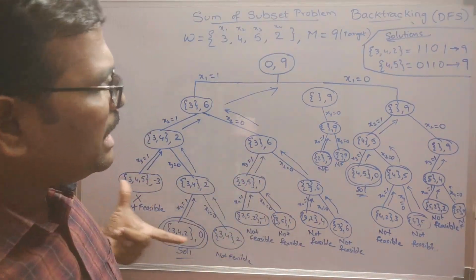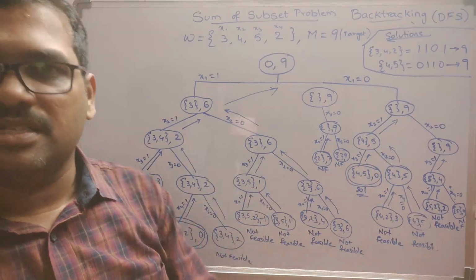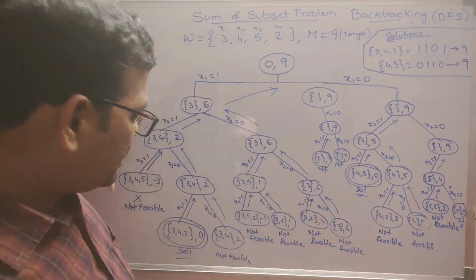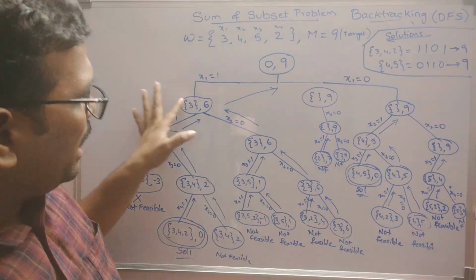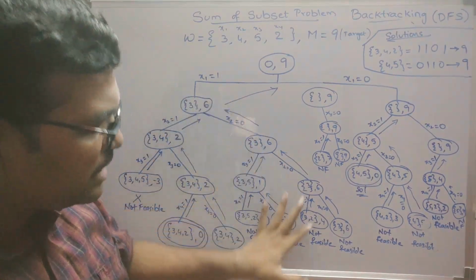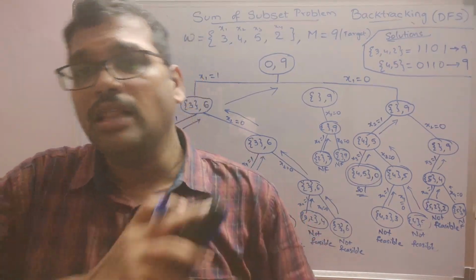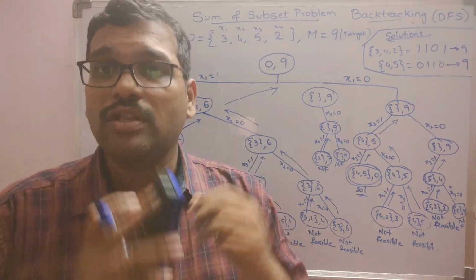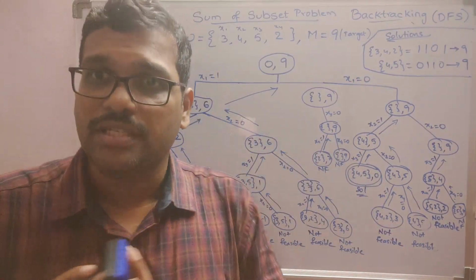So in this state space tree, you can see we have considered all the possibilities. Some paths are not feasible. You can check this path is not feasible, this path is not feasible, this path is not feasible. This state space tree has all the paths which lead to feasible solutions and not feasible solutions.